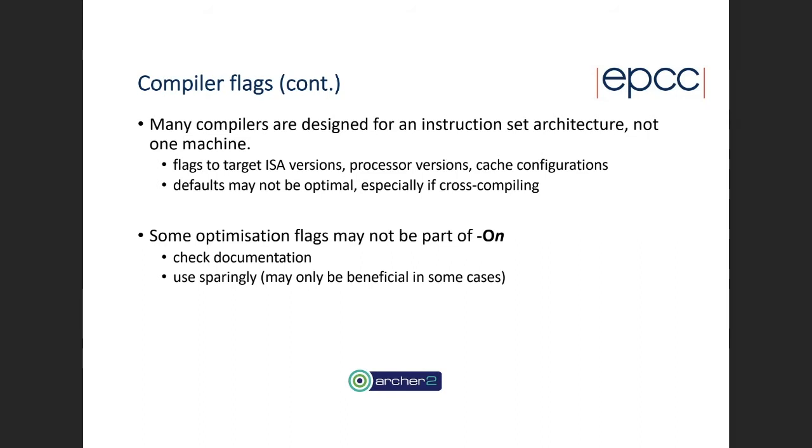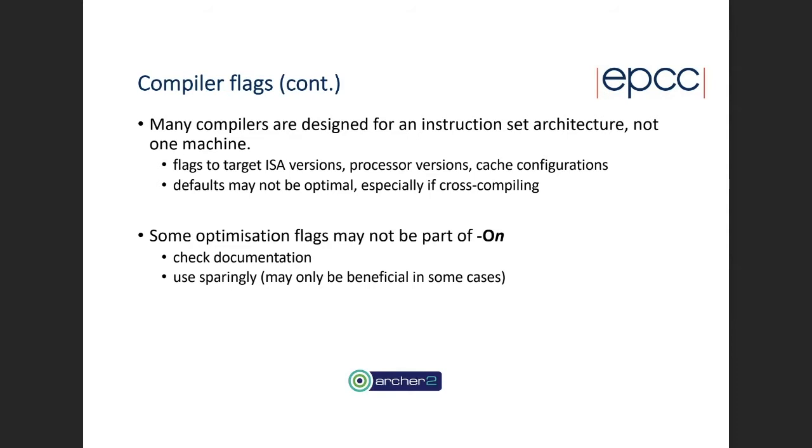Other things to be aware of: many compilers are designed for an instruction-set architecture, not one particular instance of a machine. So there are often flags to target different instruction set architecture versions, different processor versions, potentially even different cache configurations. So you just need to be aware that the defaults may not be optimal, especially if you're cross-compiling.